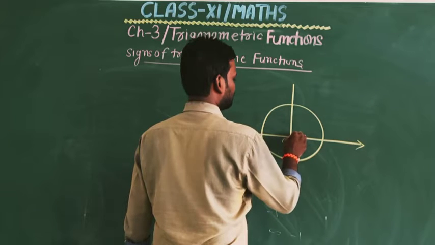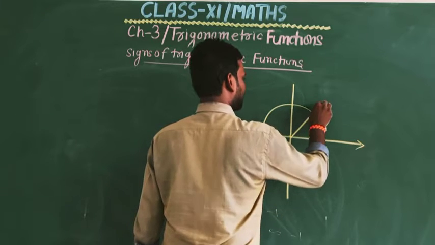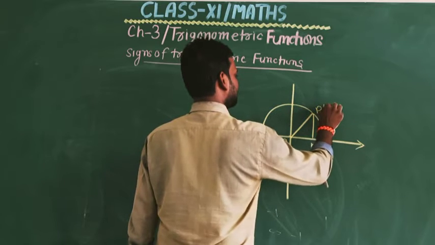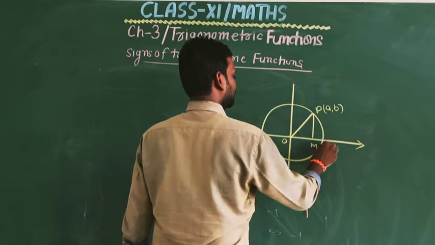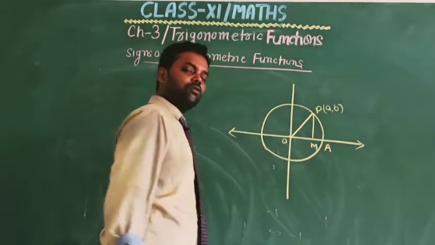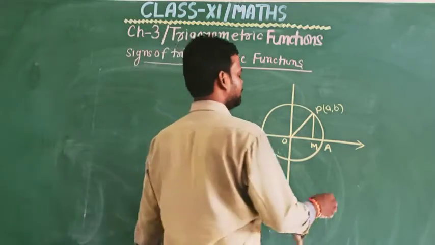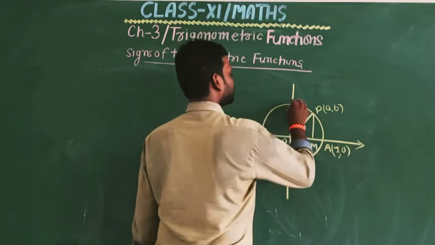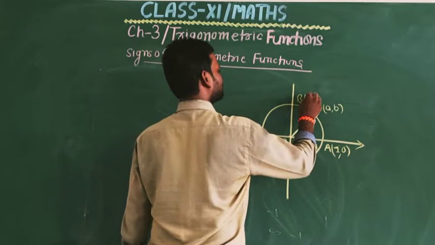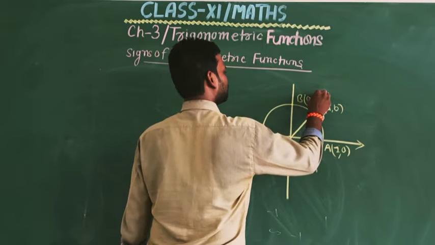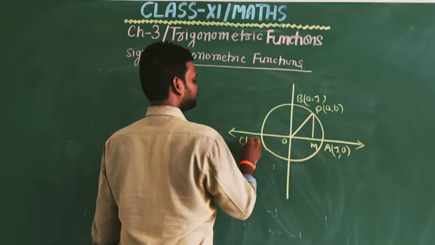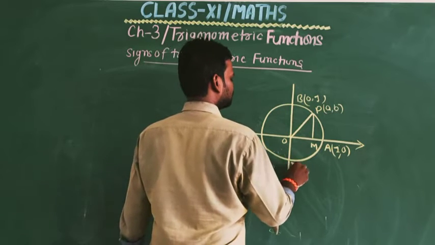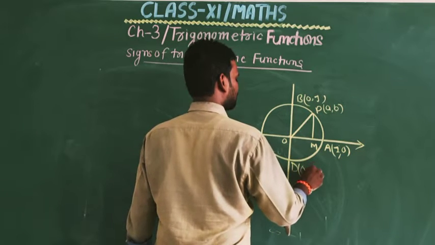This is O and this is a point P, whose coordinate is A comma B, and where the circle cuts the coordinate axes are A, B, C, D. So A whose coordinate is 1 comma 0, B is 0 comma 1, C is minus 1 comma 0, D is 0 comma minus 1.